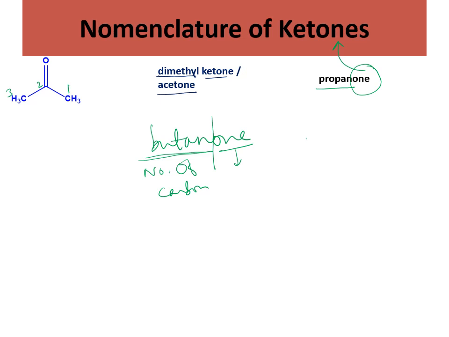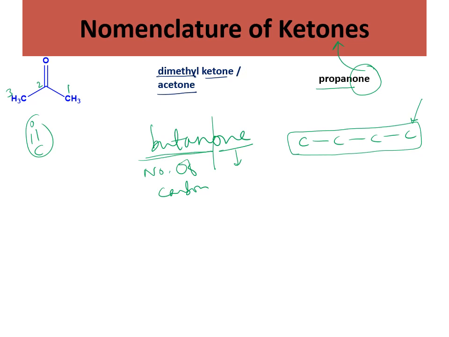So I will put a chain of 4 carbons, and then I want to put a ketonic functionality. A ketonic functionality means that I should be able to put a C double bond O. So I am supposed to convert one of the carbons of this 4 carbon chain into C double bond O. But when I do it, I will ignore the first carbon.